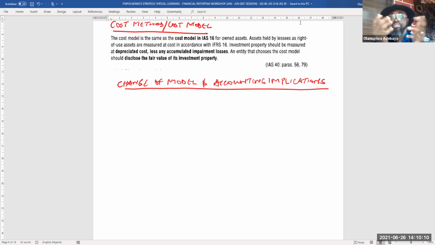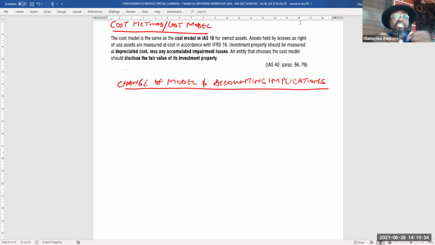The implications are very simple. One, when you change from cost model to revaluation model, to fair value model, you have to remeasure the value as at the time you are making that transfer from cost model to fair value model.